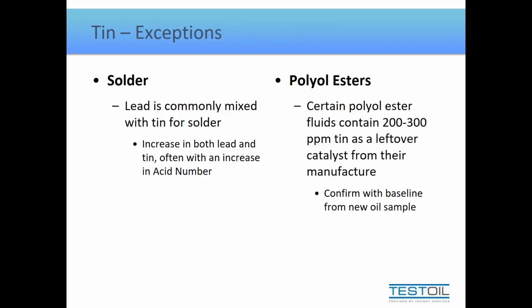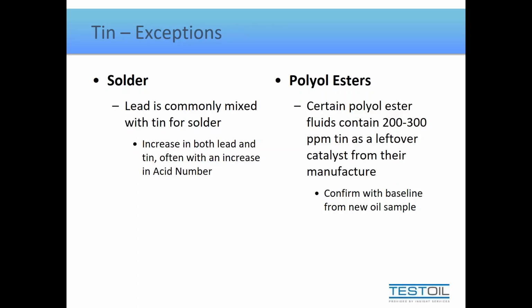Tin also appears as solder, like we talked about with lead. But one of the other sources of tin that does escape some people's notice is that the use of polyester type synthetic fluids often contain a couple hundred, 300 parts per million tin, and that is part of the additive that's used as a catalyst within the manufacture of the fluid.